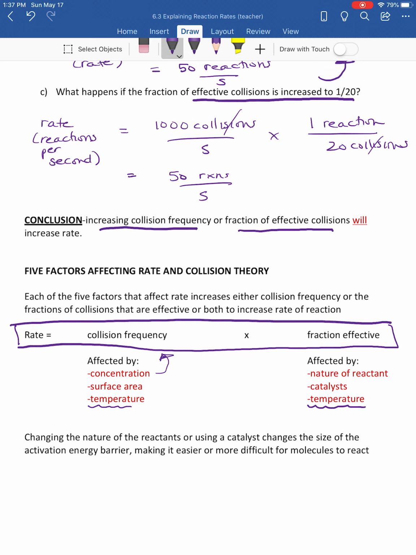Okay? All right. So if we change the nature of the reactants or we use a catalyst, that will change the size of an activation energy barrier, making it easier or more difficult for those molecules to react.